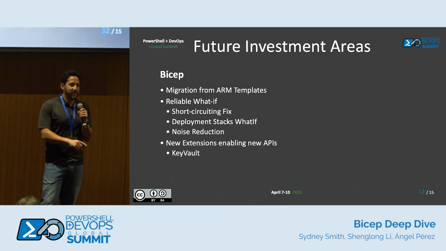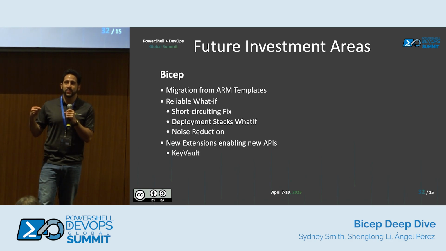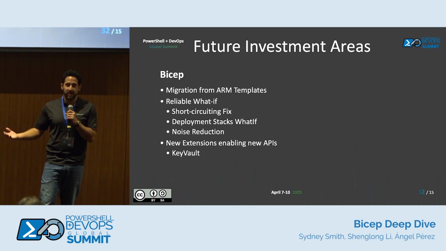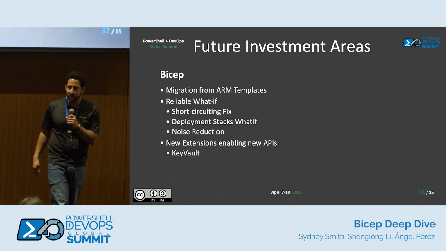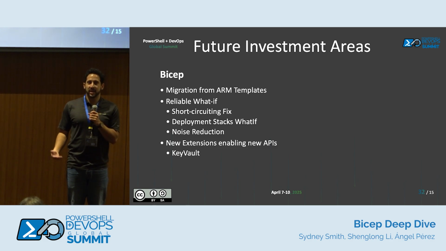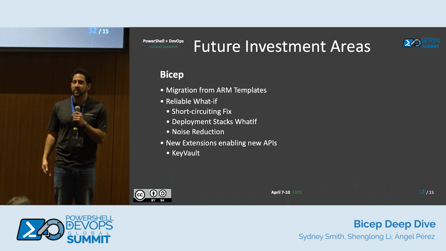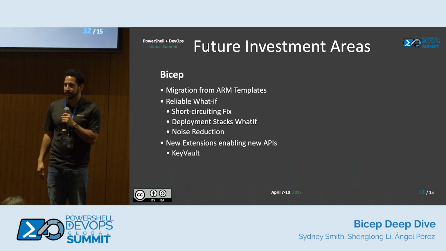Shenglong was holding down the fort for a good two to three years, incorporating all the noise himself that was reported in these issues. What we expect is that the cloud is going to keep growing, and it'll probably be like 1,000 resource types by the time we come back to the summit in 2030. But we're going to keep making improvements to what-if, so any suggestion or thing you'd like to see there, feel free to let us know.